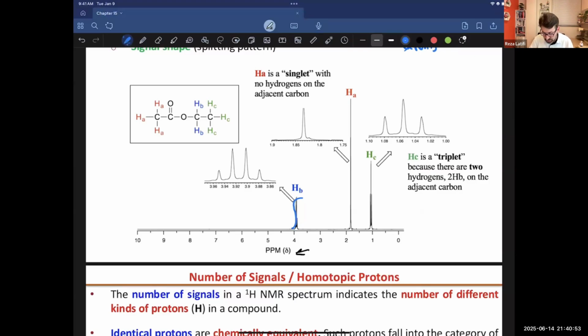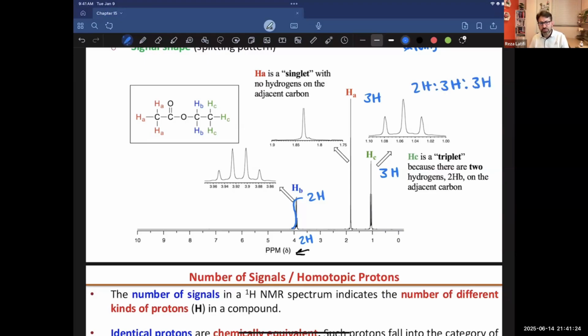So in this case, you might see 2H here, which means that signal represents 2 hydrogen atoms. In the case of A, it's going to be 3H, meaning 3 hydrogens, and C will again be 3 hydrogens. So the ratio is 2 hydrogens versus 3 hydrogens versus 3 hydrogens.